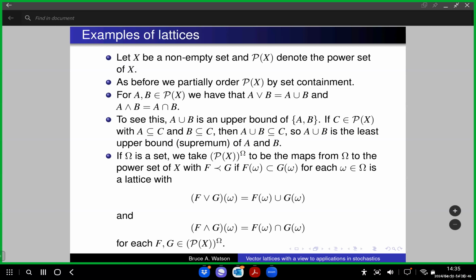So when we evaluate F inf G at ω, we need to find out what it is, and that is F(ω) intersection G(ω). And this makes the set of maps from Ω into the power set of X a lattice.